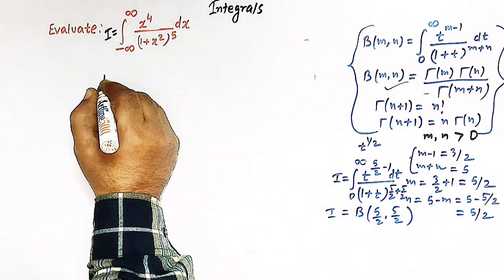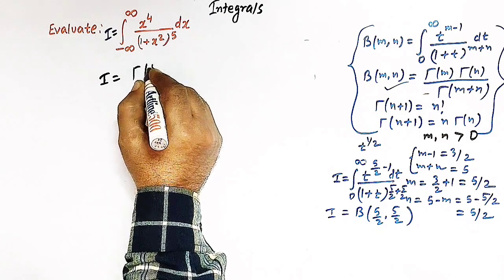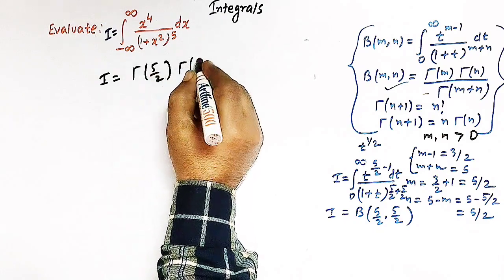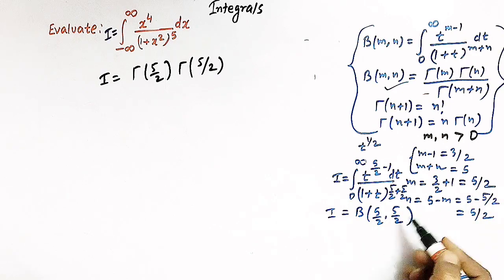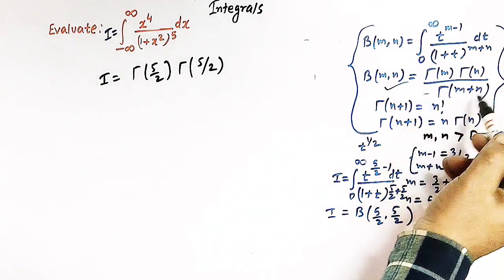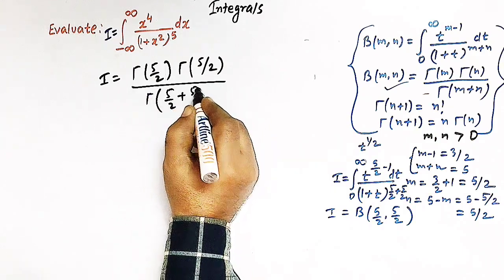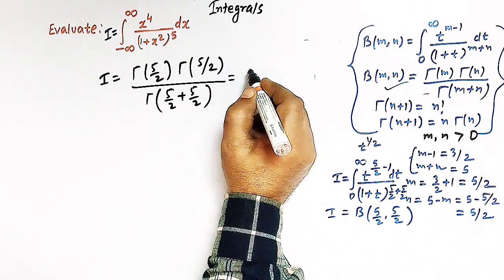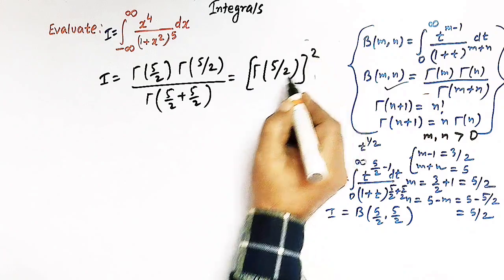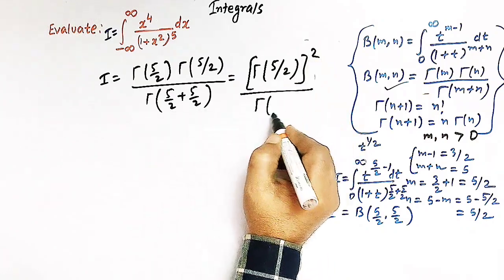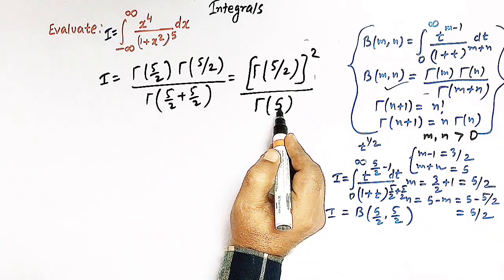So now we can write I is equal to gamma 5 by 2, then gamma 5 by 2, taking m is equal to 5 by 2 and n is equal to 5 by 2 in this expression. We have gamma 5 by 2 plus 5 by 2. So here we have gamma 5 by 2 square, and then here we have gamma of 5, because 5 plus 5 is 10, 10 over 2 is 5, right?